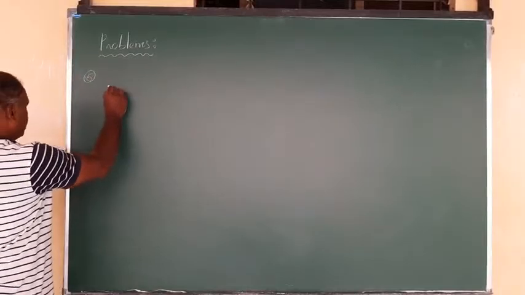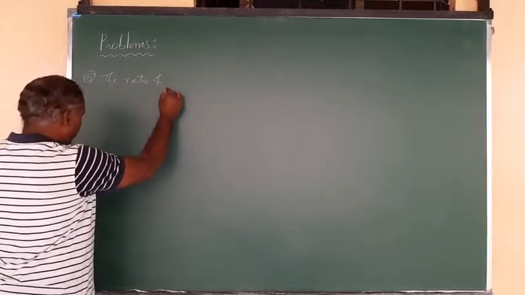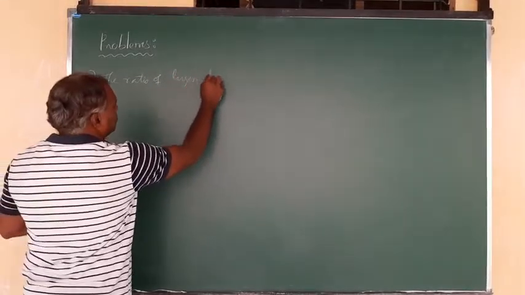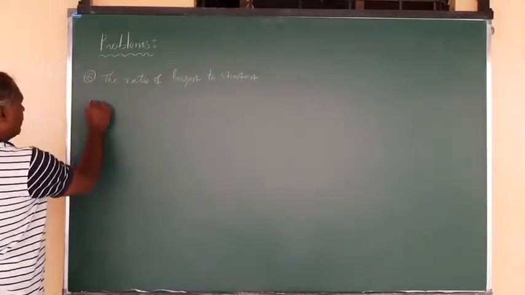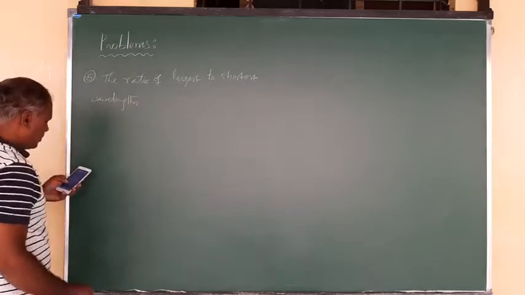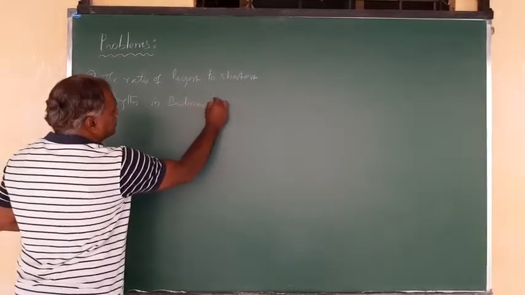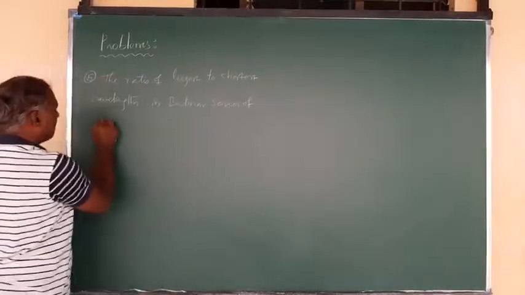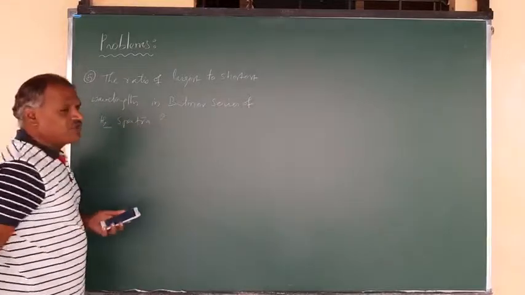So here the question is the ratio of largest to shortest wavelengths in Balmer series of hydrogen spectra is. What is that ratio?